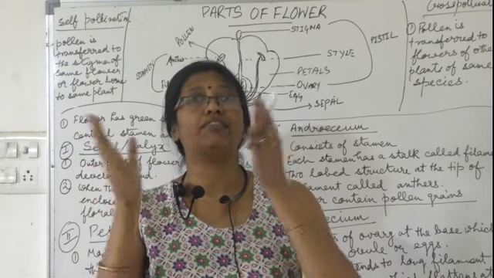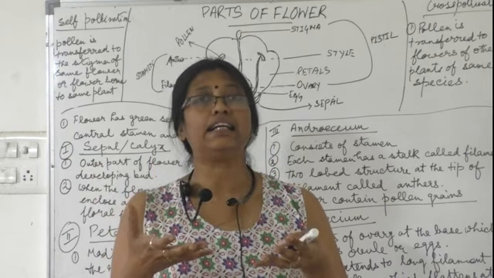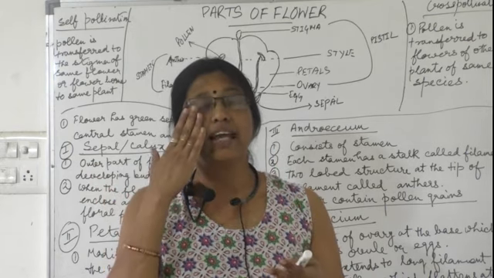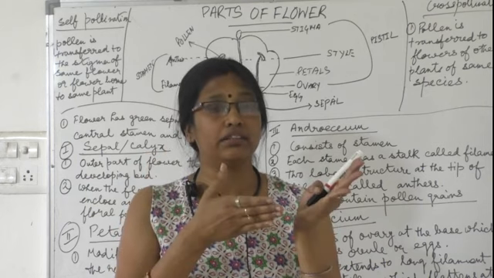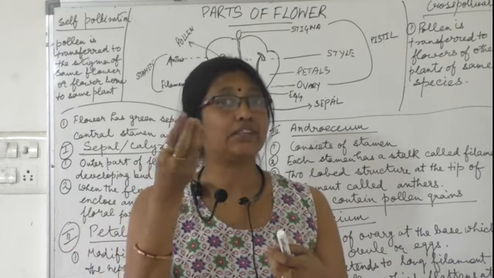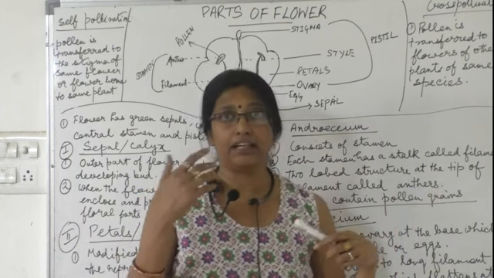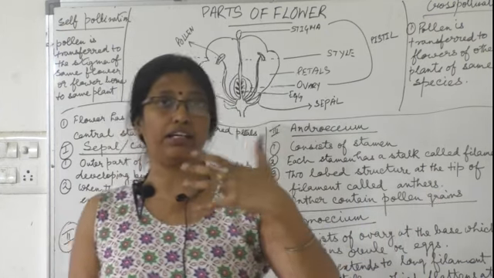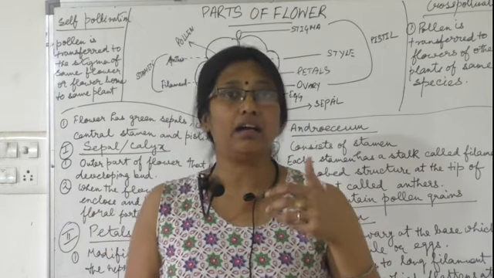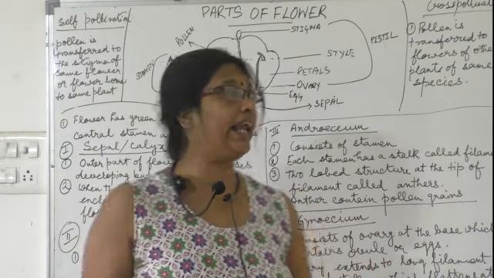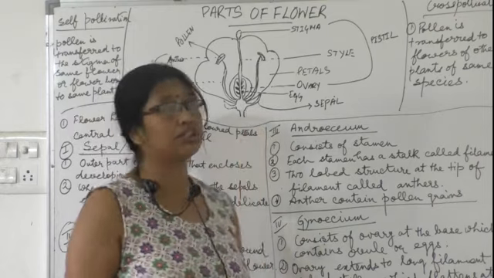The male gamete can fuse to the female gamete and produce a zygote. Male gamete means pollen grains, female gamete means eggs or ovules, that is in the ovary. So in plants, pollen grain is the male gamete and eggs or ovules are the female gamete.